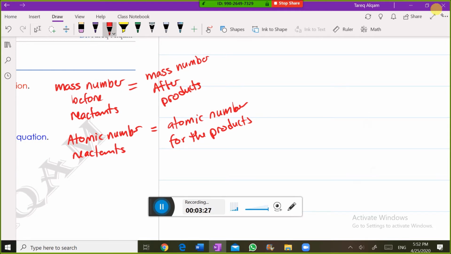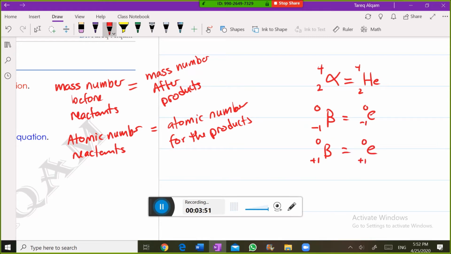Guys, you have to memorize these things. Alpha: the atomic number is 2, the mass number is 4, or it might be written as helium 2,4. Beta, I have two types: -1, 0 and +1, 0. You have to memorize this stuff, guys. Or it might be written as electron or positron.